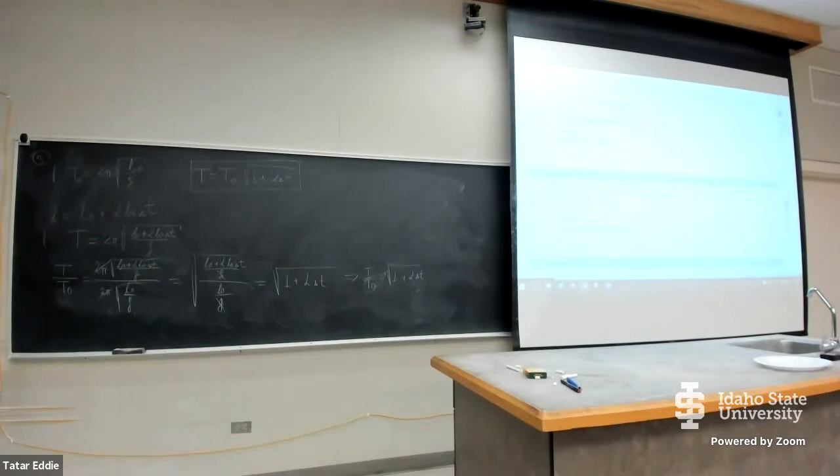So alpha we can get from the textbook. There is a table in the textbook in chapter 12, which says coefficient of linear thermal expansion of brass. The problem is that brass is an alloy, right?